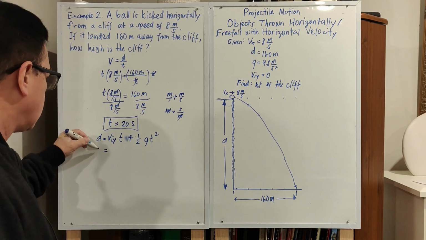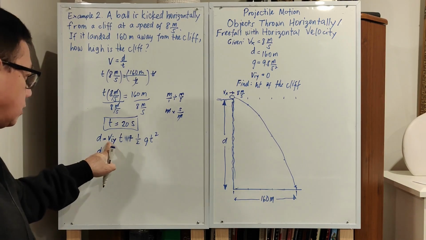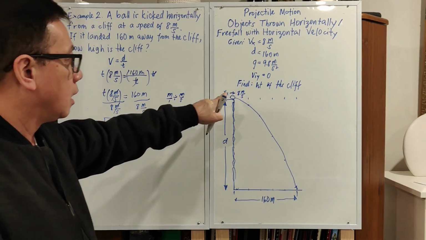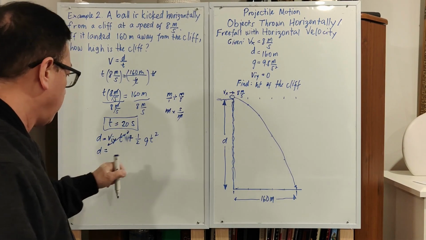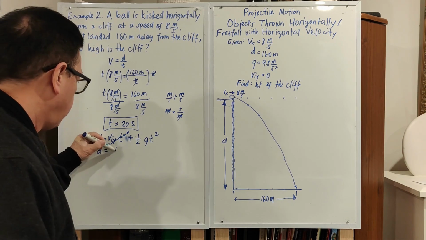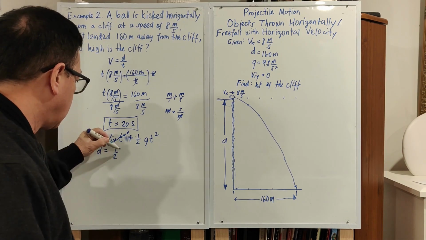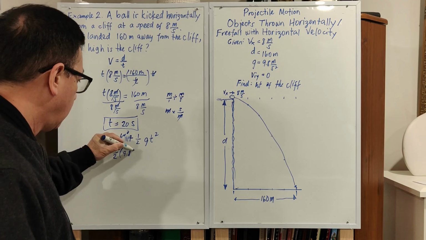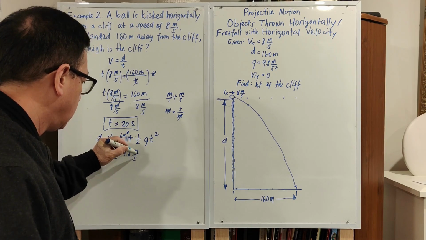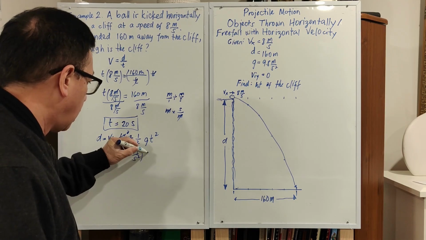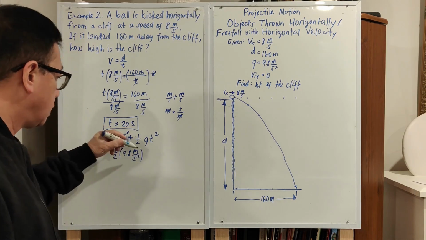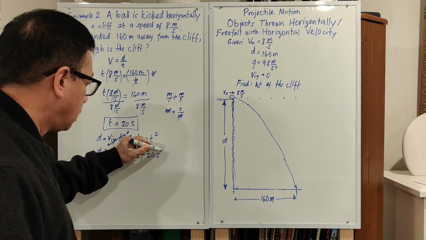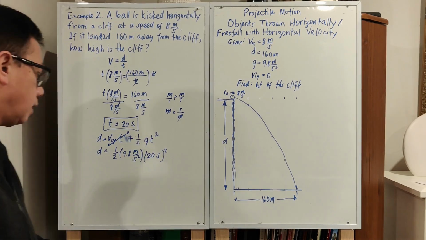Now the distance, we don't know yet. Initial velocity, as we have said, is 0, so this will be 0. Plus 1/2 times g, which is 9.8 meters per second squared, times t squared, so t is 20 seconds, 20 seconds, the quantity squared.